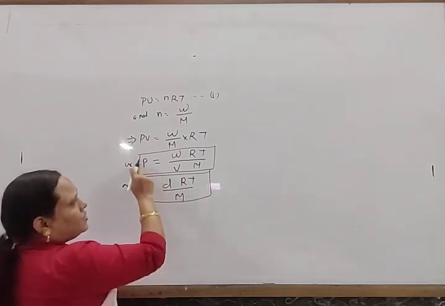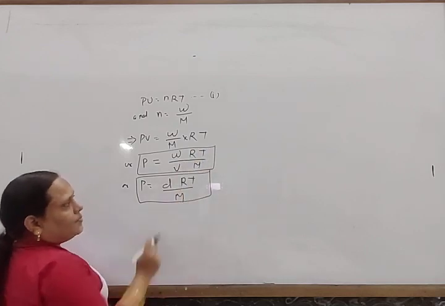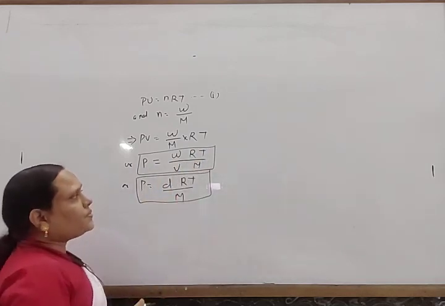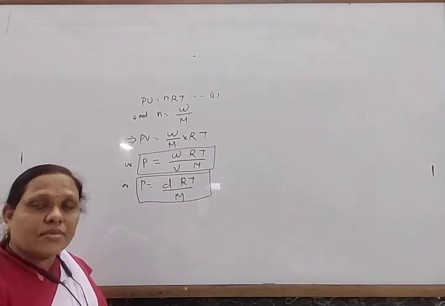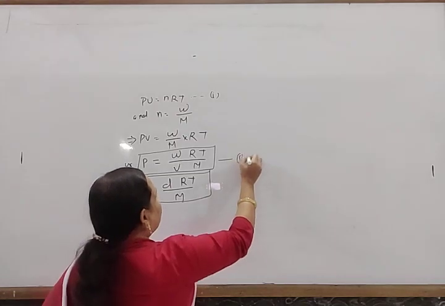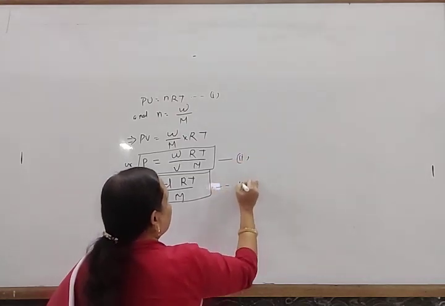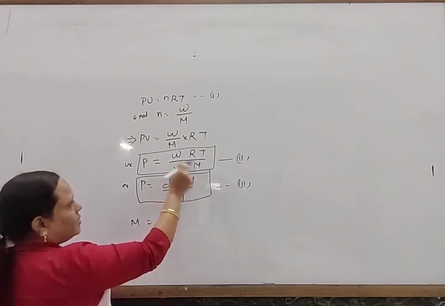Here there are 5 terms. Among the 5 terms, if any 4 terms are given, then we can determine the other term. This is equation 2 and this is equation 3. The molecular mass we can determine from here.